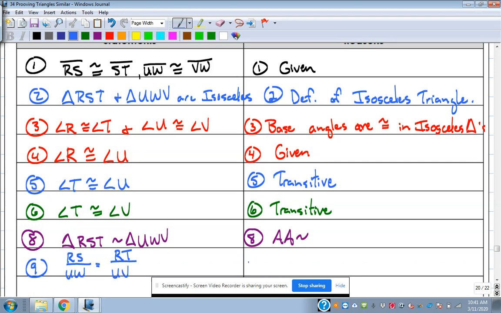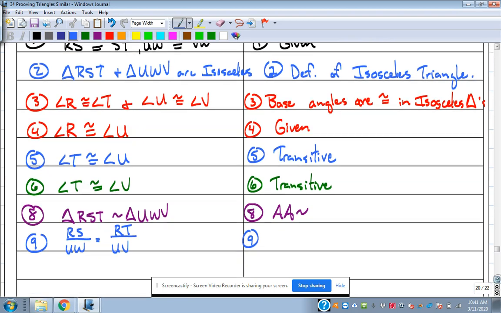Because if those triangles are similar, what do the sides do? They're proportional. So corresponding sides are proportional in similar triangles.